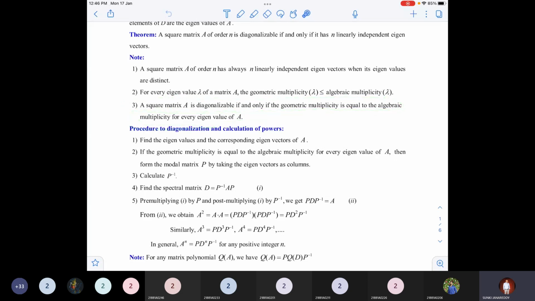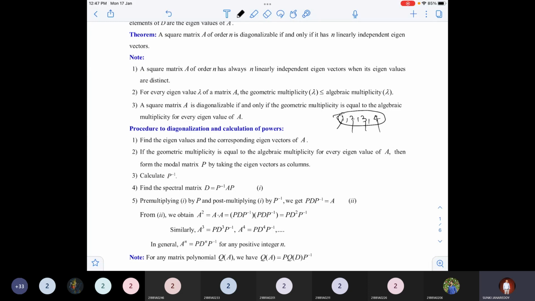All of you listen to me once again. Algebraic multiplicity means, for example, with eigenvalues 1, 2, 3, 4, how many times each is repeated.